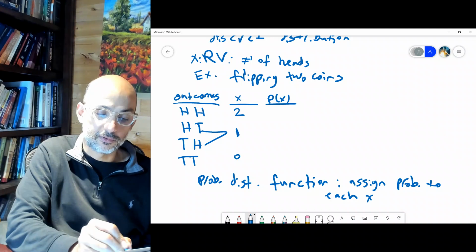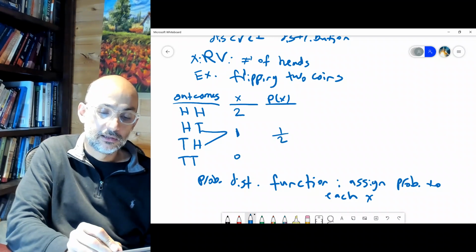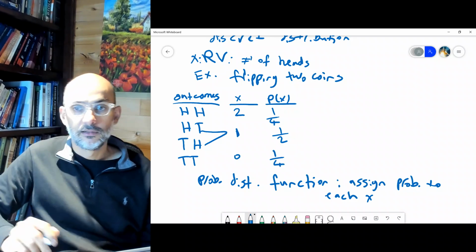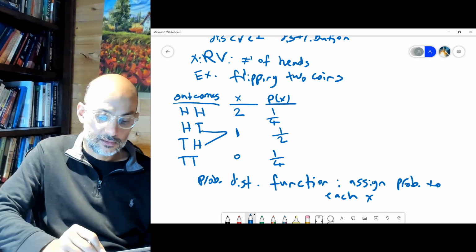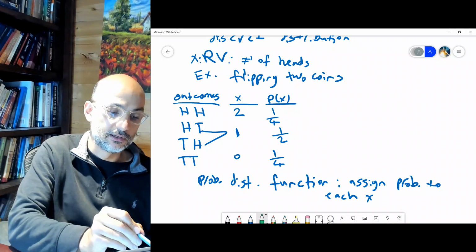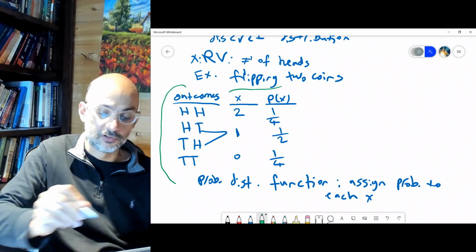But since head tail and tail head are combined, this one will be 1/2, this 1/4, and this 1/4. So this is the whole thing here. We can call it the probability distribution function.